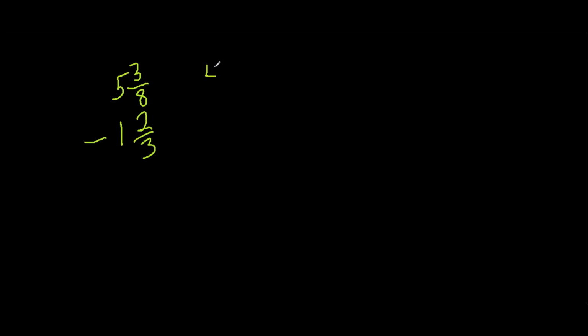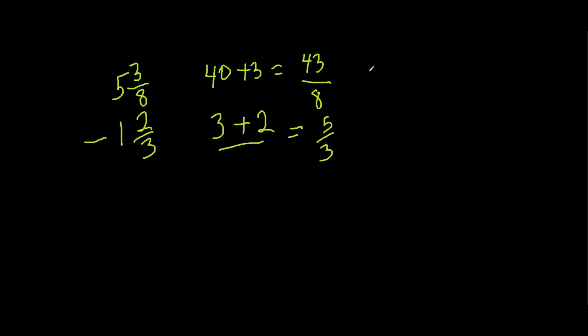That becomes 40 plus 3. That becomes 43/8. This one, we multiply the 3 times the 1, so 3 plus 2 is 5/3.